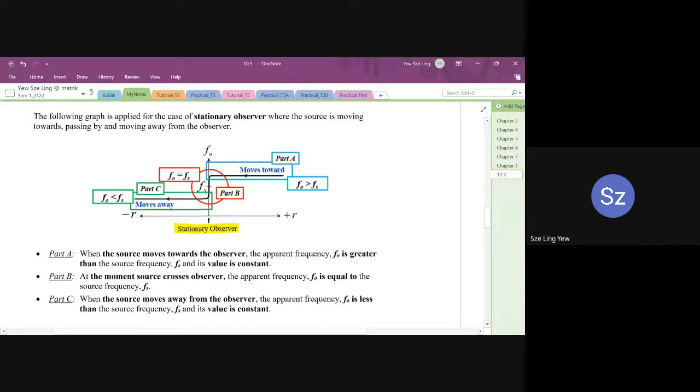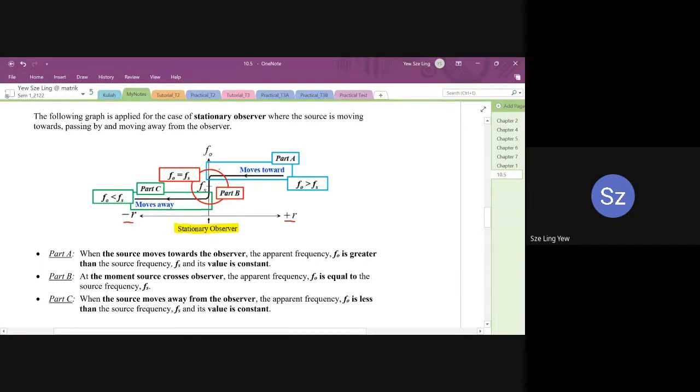And then if it walks past you, moving away from you, it becomes part C, where your F naught is now less than Fs, the source. So from positive R towards negative R, from in front of you until behind you, this is the frequency that you're going to receive.